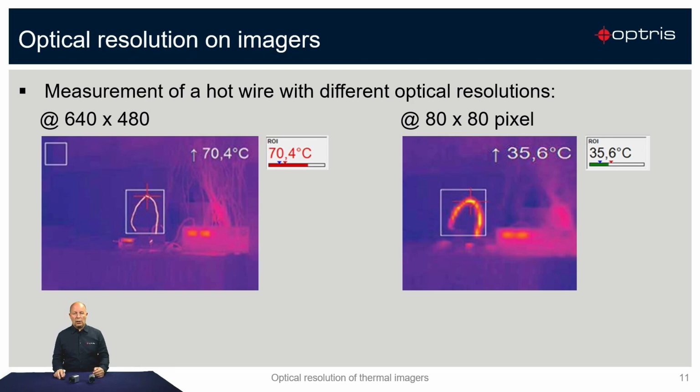And you see we are measuring totally wrong, just 35.6 degrees. So we make a completely wrong measurement, and the reason is that our MFOV is not fitting to the object size, to the diameter of the wire. So this is very important. Therefore, please don't look only at the number of pixels. Have also a look at our optics tables and compare it to the size of your real objects which you want to measure.